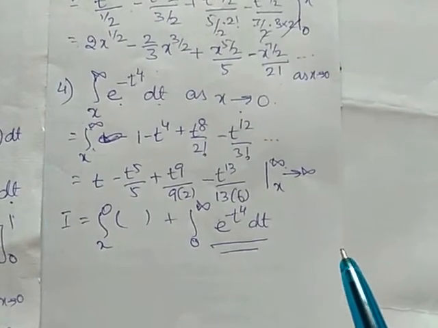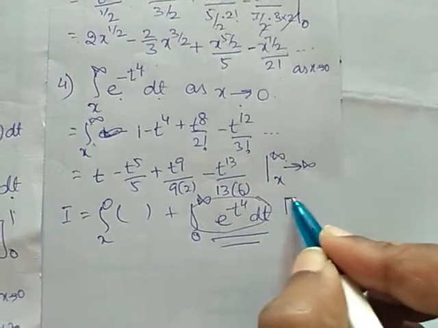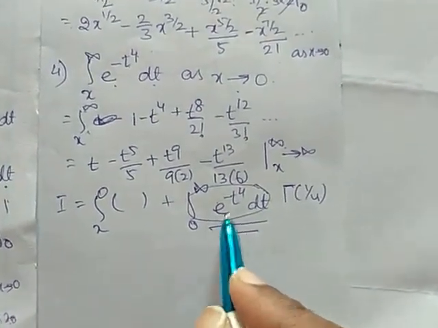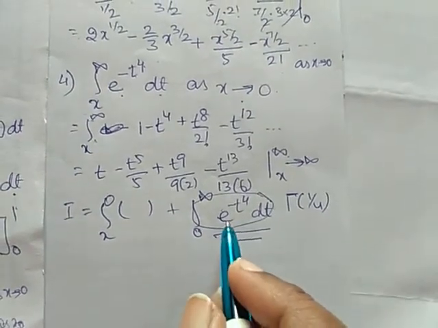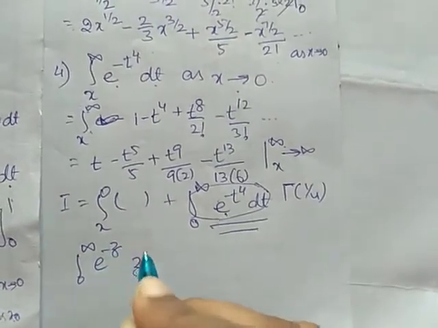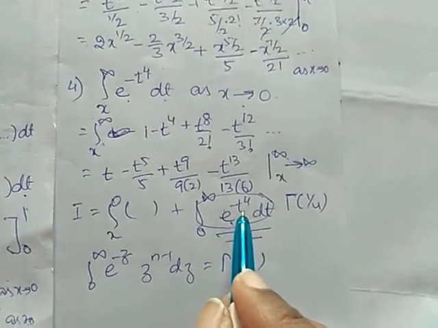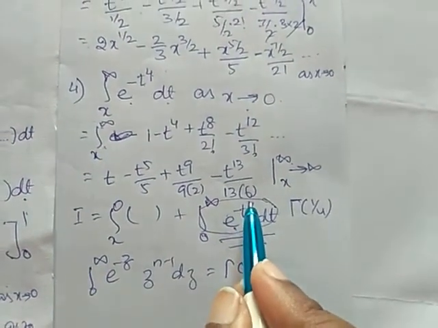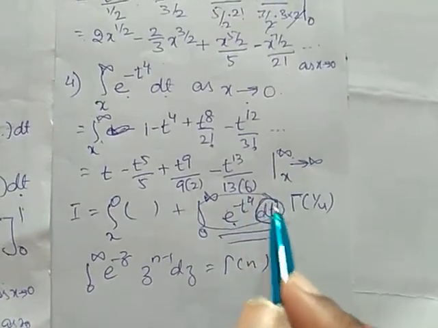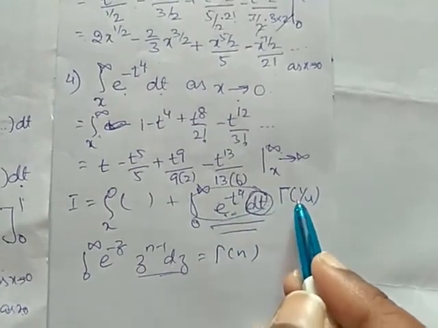So using the gamma function, we will get this value as gamma of 1 by 4. So how to find the gamma function of this? The gamma formula is the integral from 0 to infinity of e power minus z, z power n minus 1 dz, equal to gamma of n. So substitute t power 4 as z, and to find dt, we will get this term. So this value will be gamma of 1 by 4.